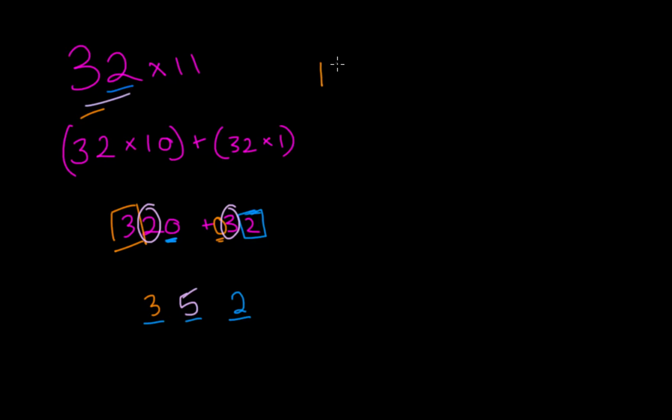Let's say 122 times 11. So what would be our trick for this? It would be 2, plus adding these two, plus adding these two, plus adding this front one, then 1, right?